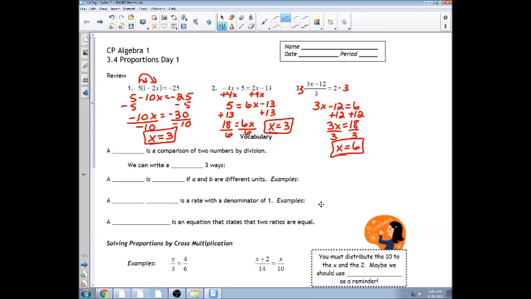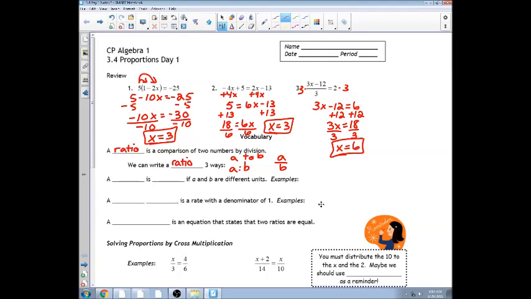Now on to some vocabulary. A blank is a comparison of two numbers by division. That is known as a ratio. We can write a ratio 3 ways. The first way would be A to B. Second way would be A colon B, and the third way would be A over B. All these things mean exactly the same thing.